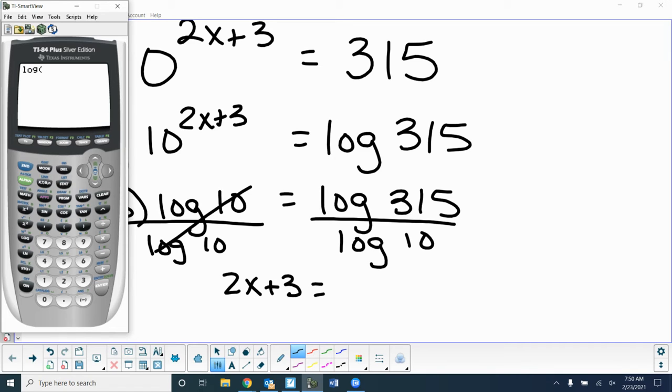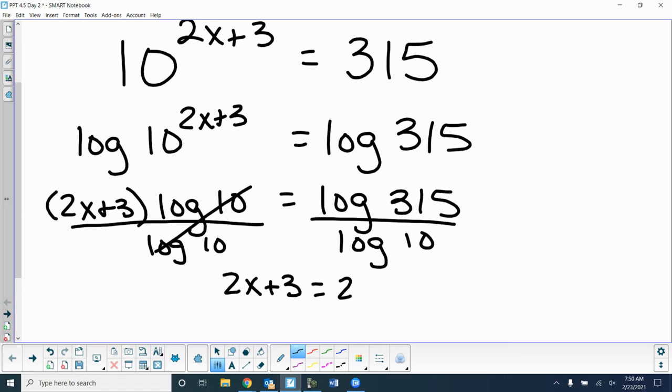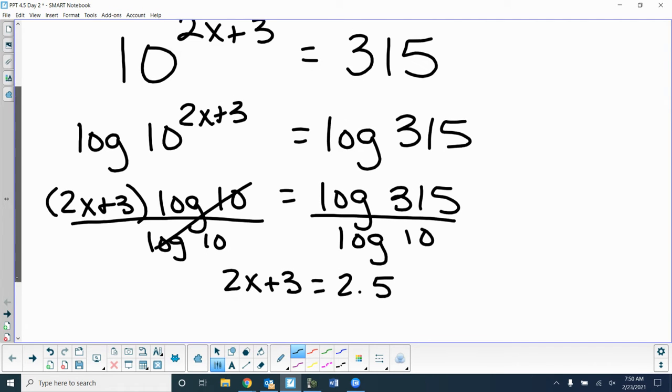So I go log of 315. Just remember to close it off. I still think there's a few of you that are forgetting that. And it's divided by log of 10. And that's 2.49, 2.5. Let's just round it to 2.5. And then from there, it's real easy.